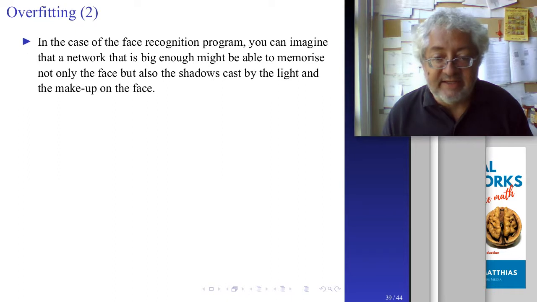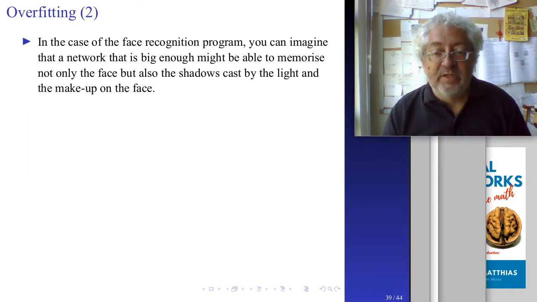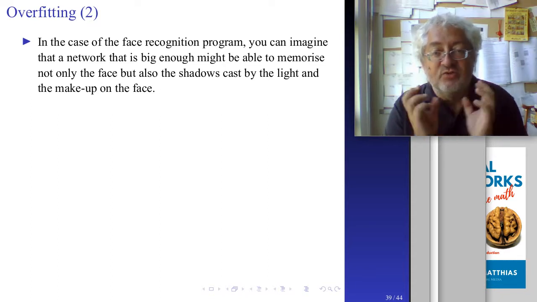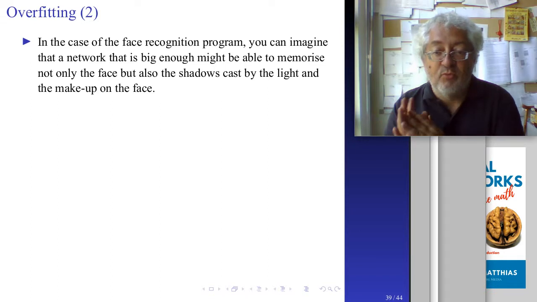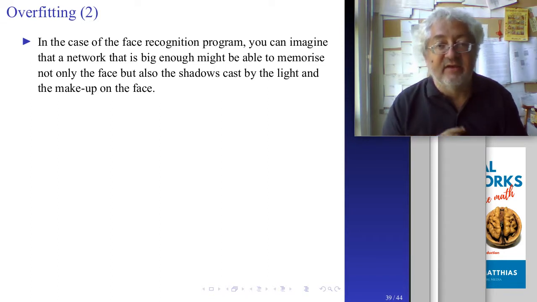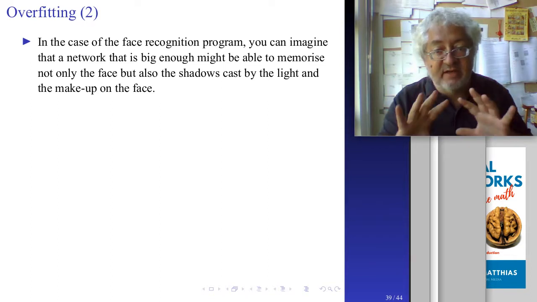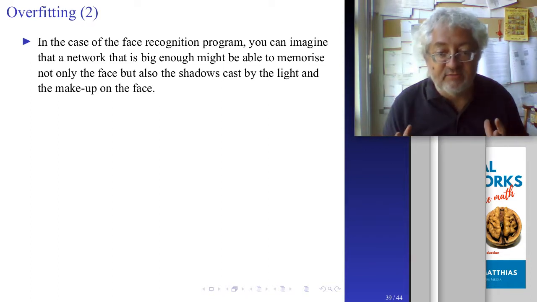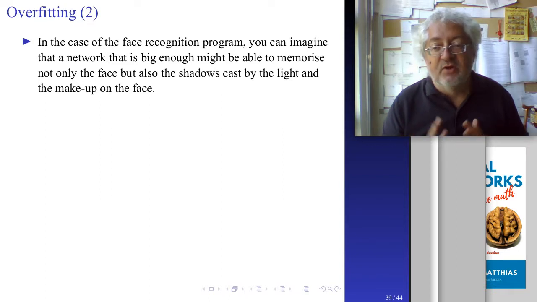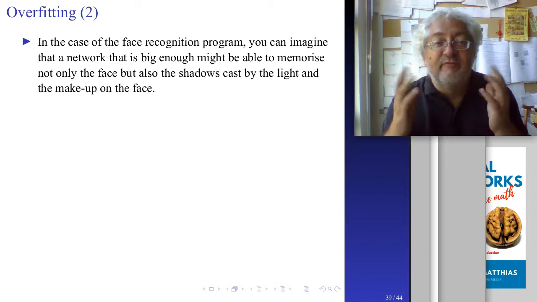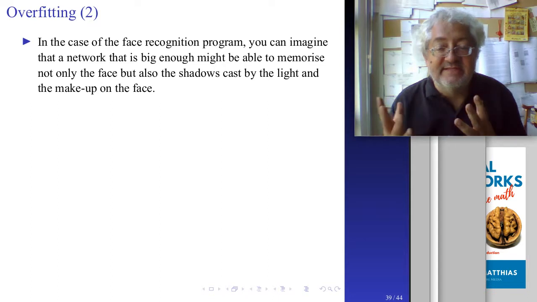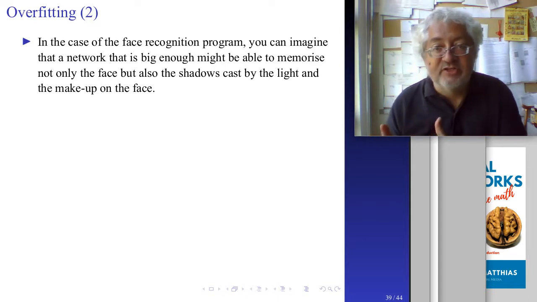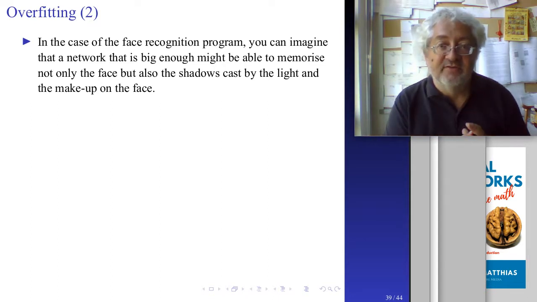So the point is, you want the network to be able to memorize my face, but you don't want it to be able to memorize the shadows cast by the light or the makeup on the face or the glasses. If you make the network big enough, it will try to memorize everything that it can. So keeping the network small forces it to learn the distinction between desirable features of the input and noise.